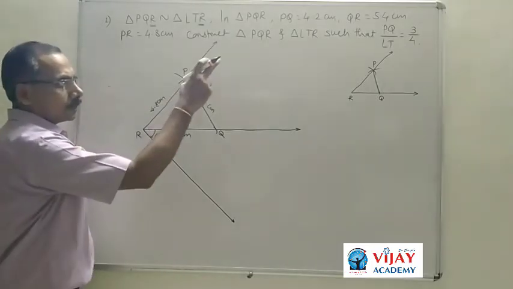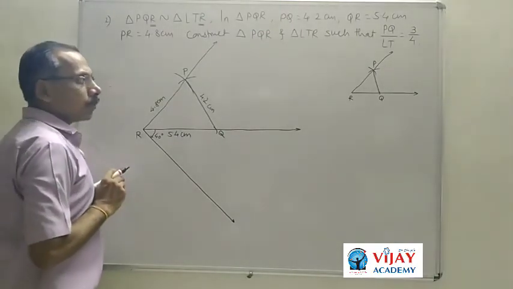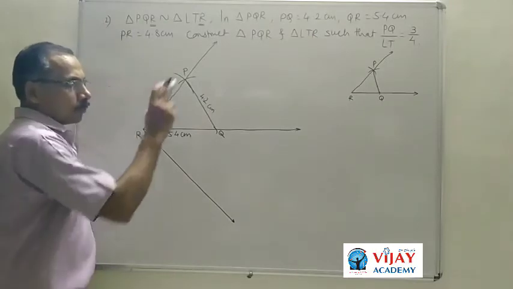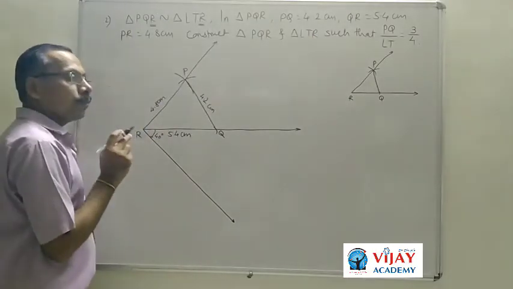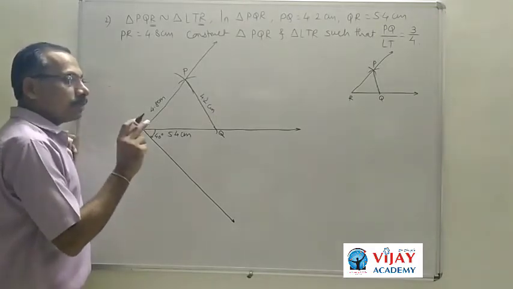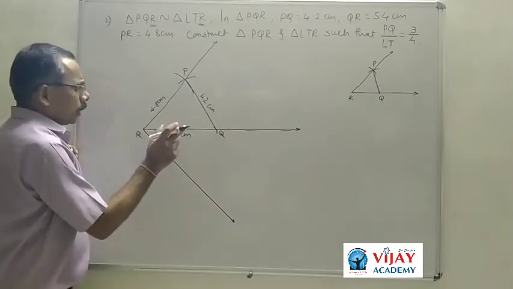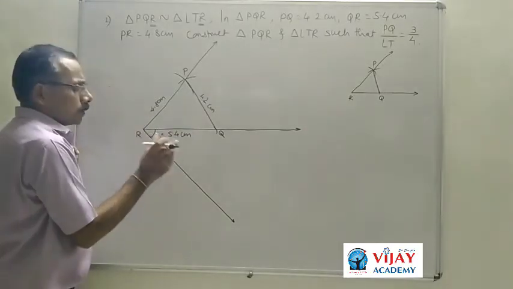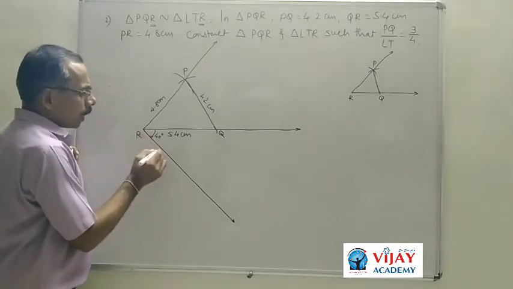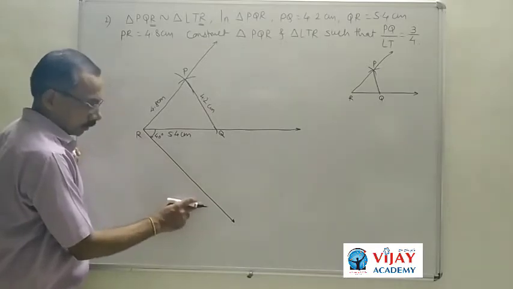Now concentrate on the ratio. PQ upon LT is given as 3/4. Now which value is maximum? 4 is maximum. So taking the maximum value, take some distance in a compass, generally 1 centimeter, and draw arcs of 1 centimeter on this ray.